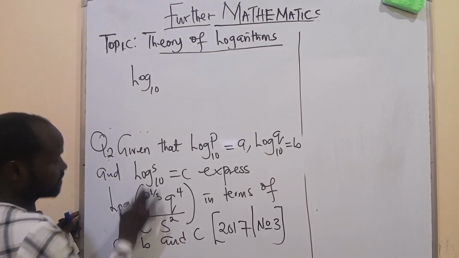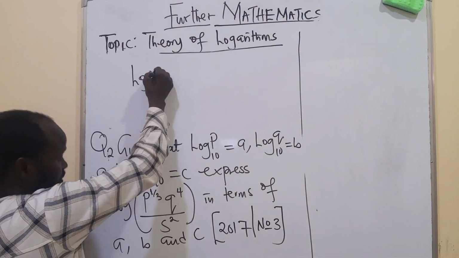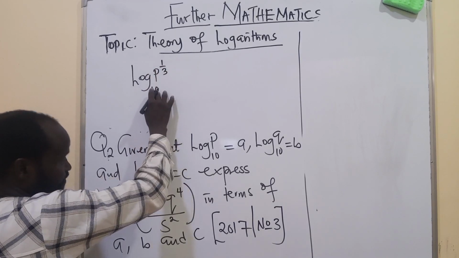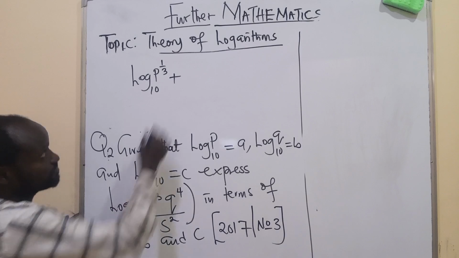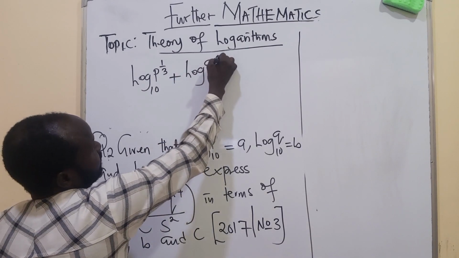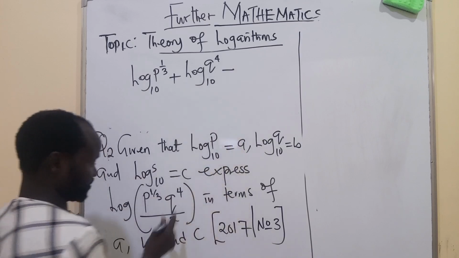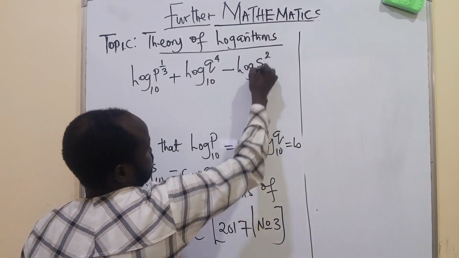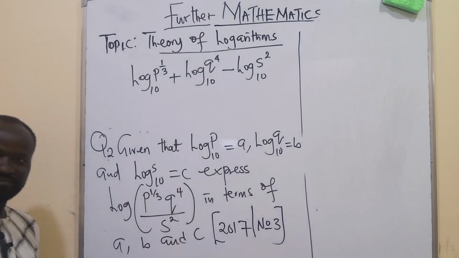Can split this as log p power 1 over 3 to base 10 plus log q power 4 to base 10 minus log s power 2 to base 10 is the same thing.